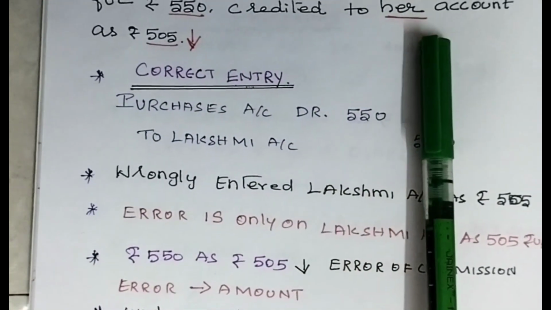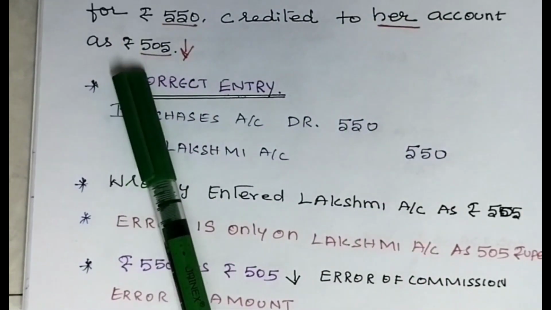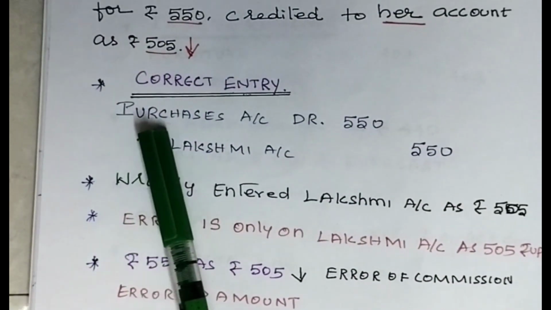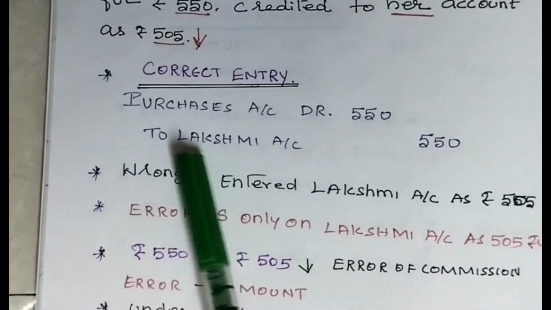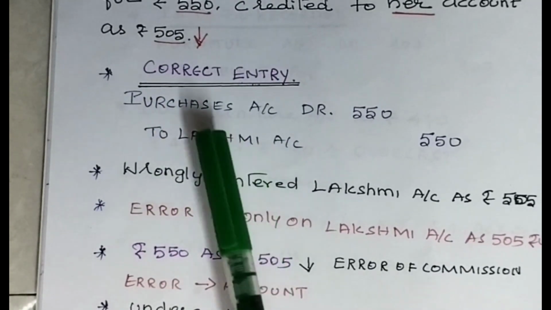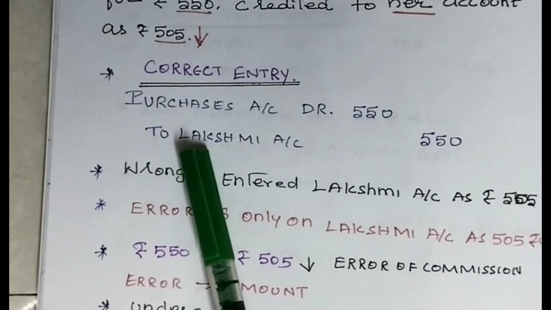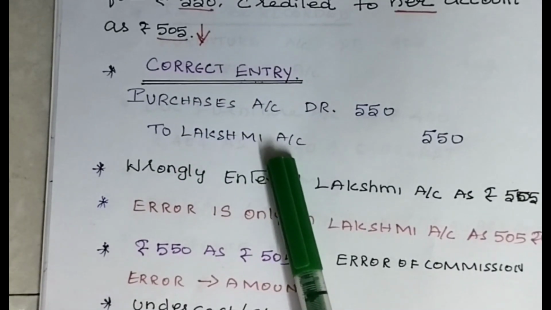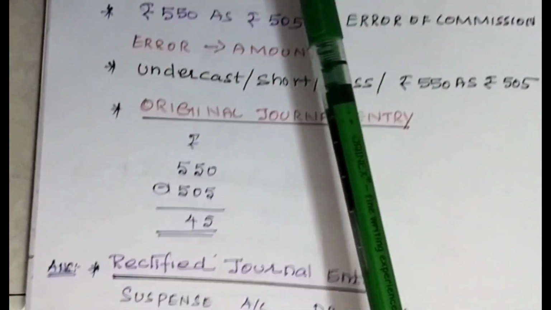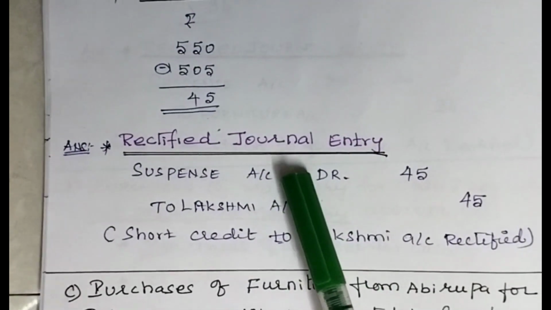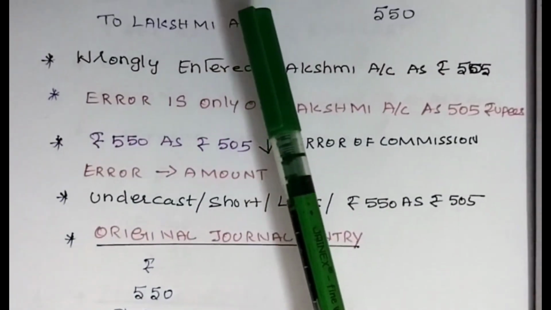He wrongly entered Lakshmi account as 505. So we need not consider the purchases account. We have to consider the Lakshmi account because the error is only on Lakshmi account. Okay, we need to rectify the Lakshmi account.